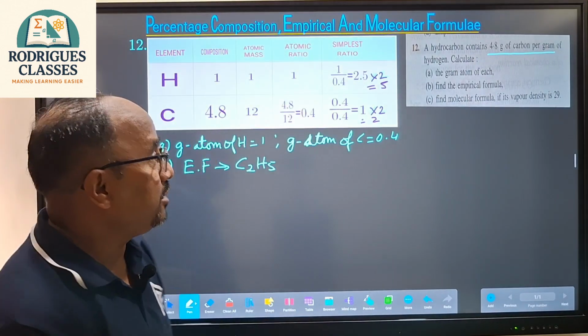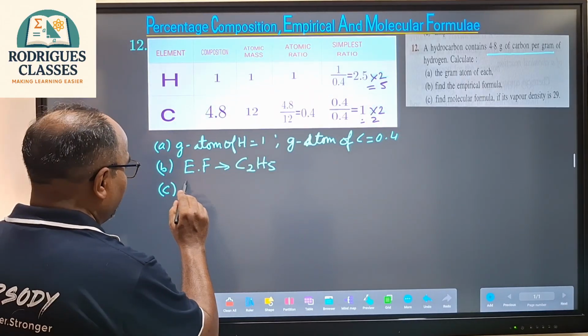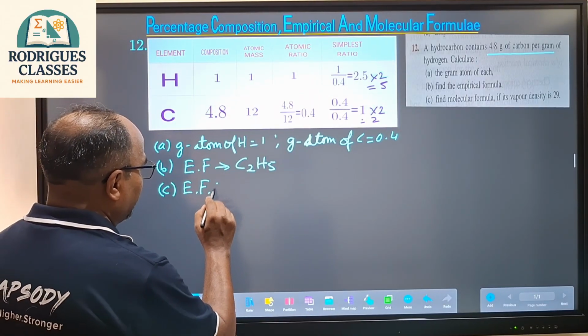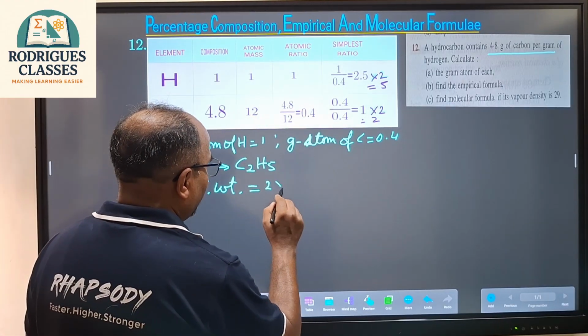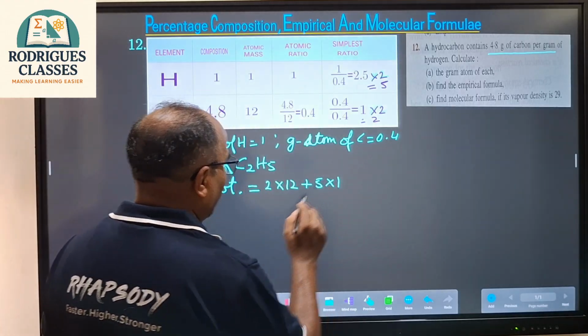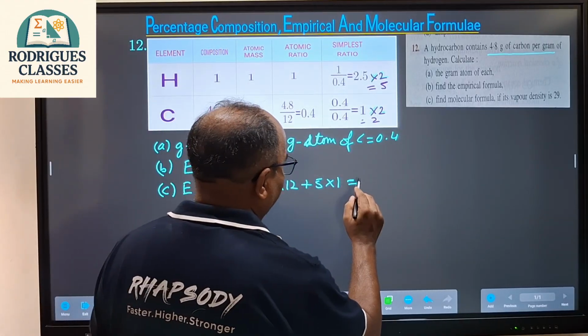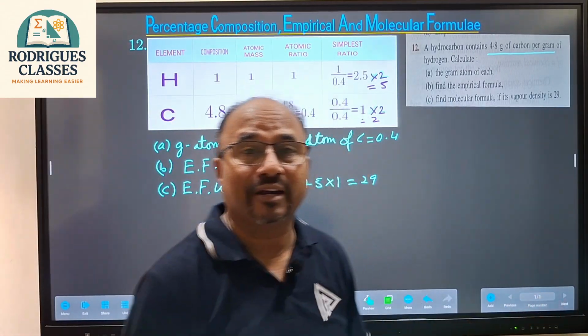Now we come to the C part, which is the molecular formula part. Using the empirical formula, I will find the empirical formula weight, which is 2 into 12 plus 5 into 1, so 24 and 5 is 29. What is provided to us is the vapor density.